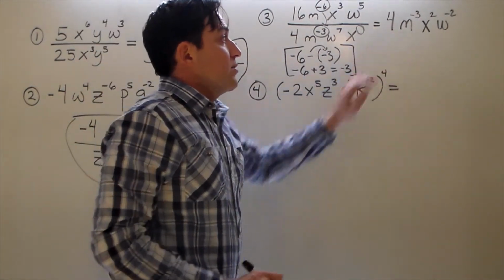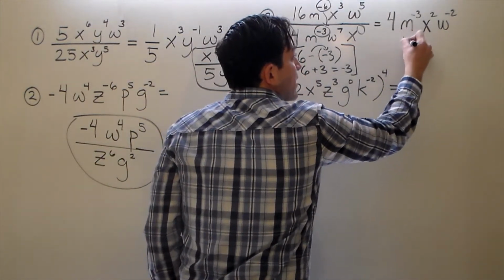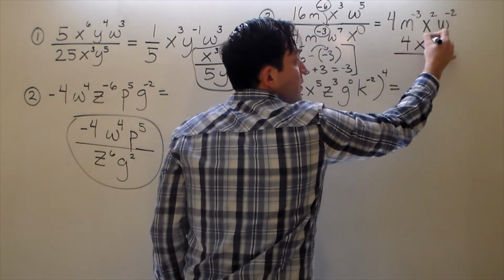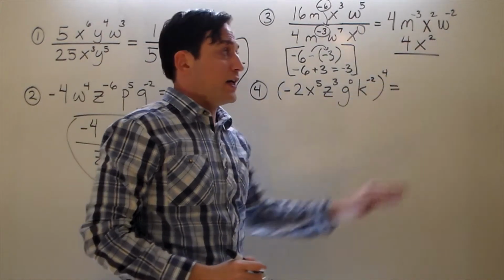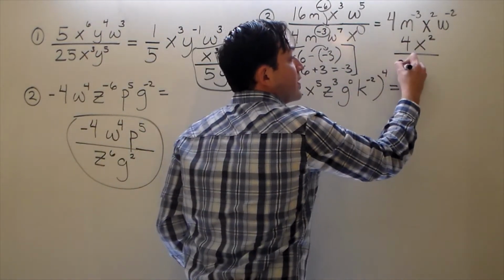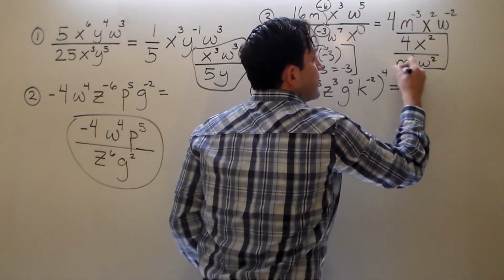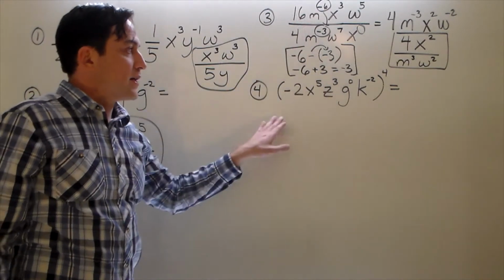So here, I need to get rid of these two negative exponents that I have. So the 4 is not going anywhere. It's staying in the top. It doesn't have a negative exponent. The x squared, that's going to stay in the top also. It doesn't have a negative exponent. The only two we need to move are the m to the third and w squared. So that is the simplified version of this problem right there.